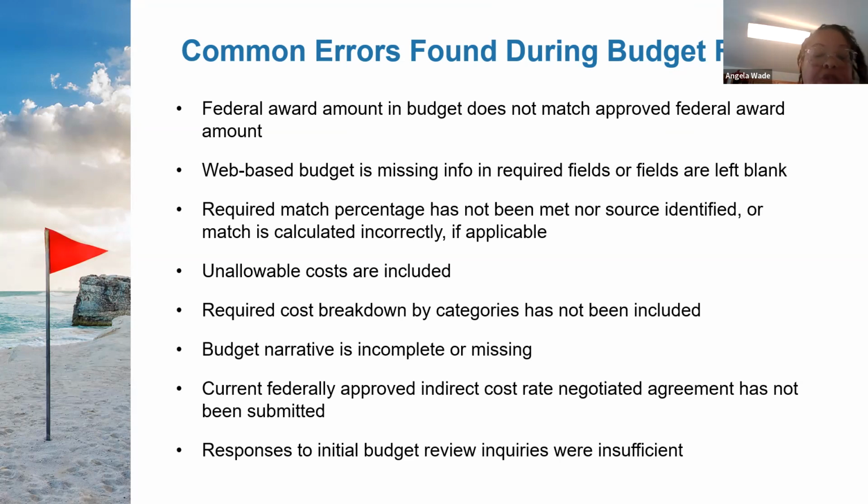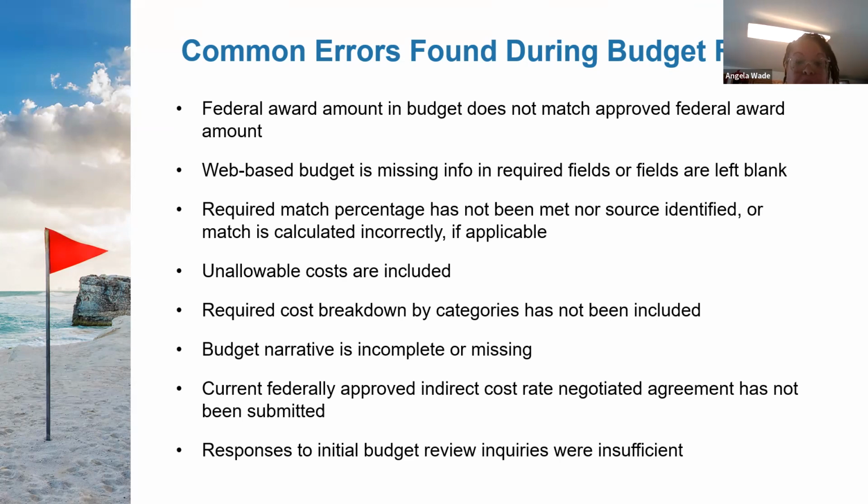A lot of times, what I usually recommend to our grantees is that when you're completing your budget, before you actually submit it, have someone else in your office come and take a look at it, read through it, see if it makes sense to them. If it makes sense to them, 9 times out of 10, you probably have enough information in there to fully explain what you're requesting in your budget.